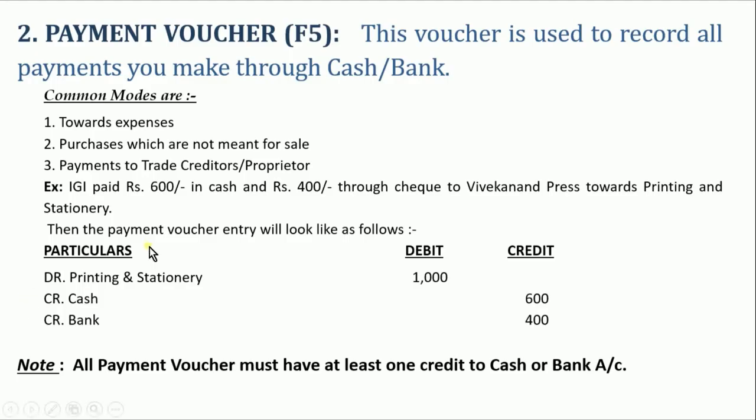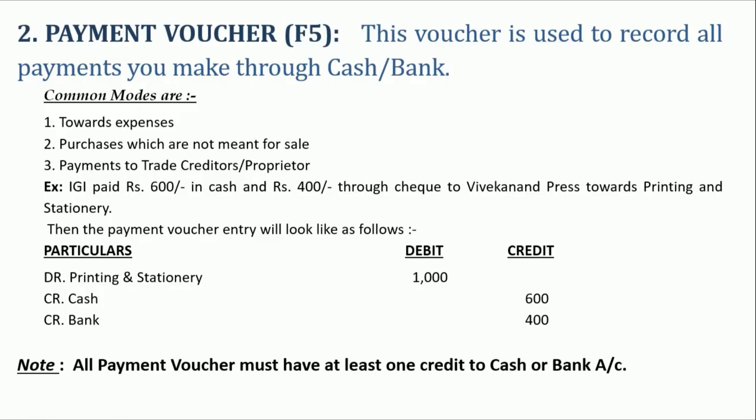We'll see one example. IGI paid rupees 600 in cash and rupees 400 through cheque to Vivekanand Press towards printing and stationery. Then the payment voucher will look this way. Vivekanand Press, we will not take, since Vivekanand Press is a firm, and a firm will not come under the expense side as per the rule.